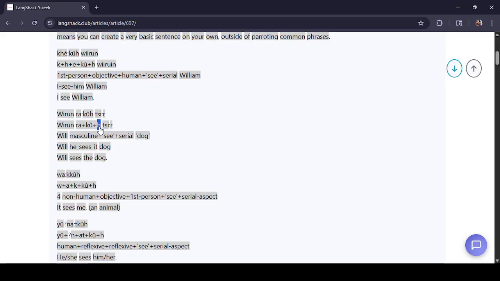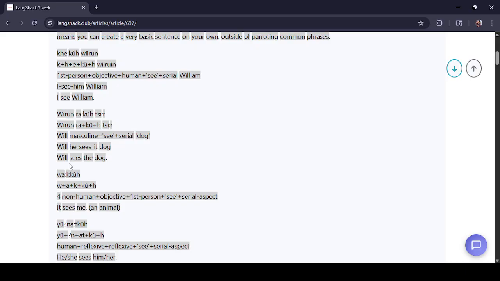That's that same serial, right? So Will sees the dog, like he sees the dog, at this ongoing moment. So for all intents and purposes, this can be like a present tense, essentially, is how I understand it and how it functions.